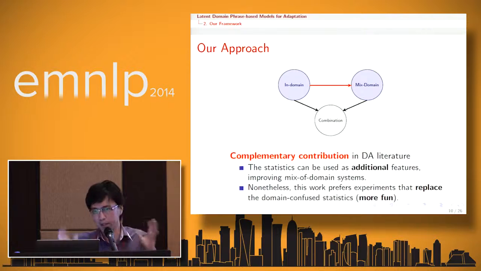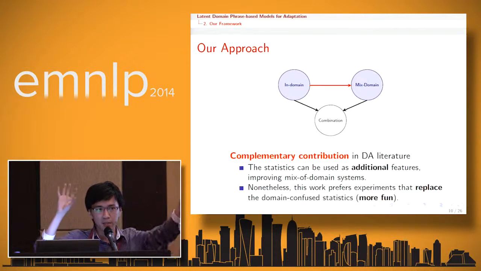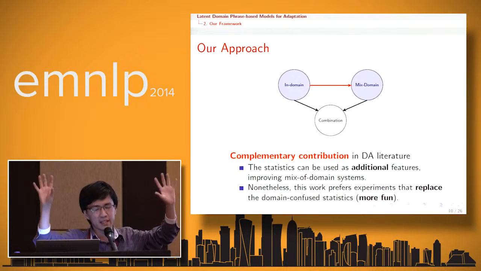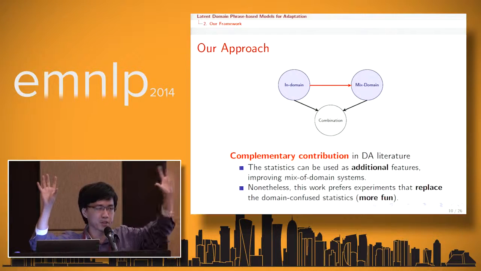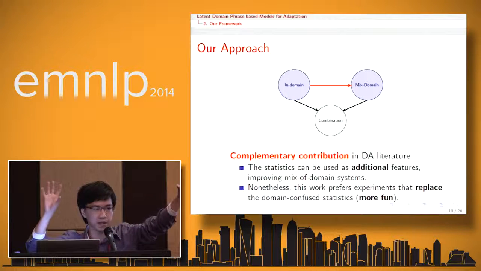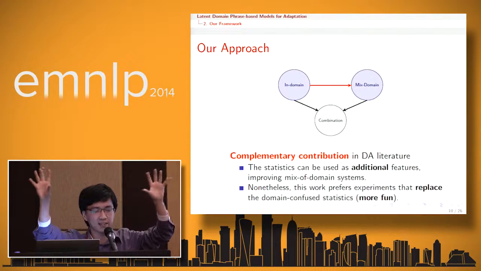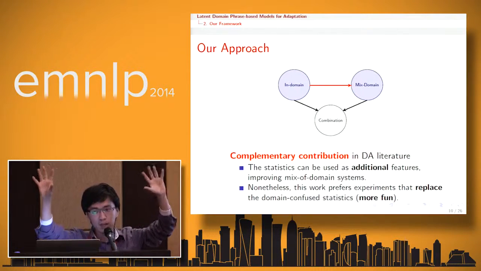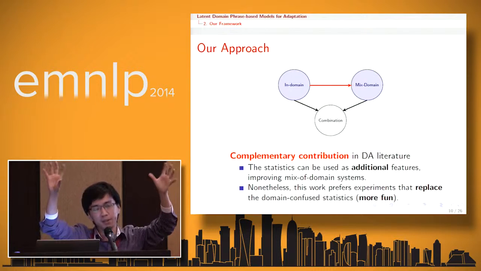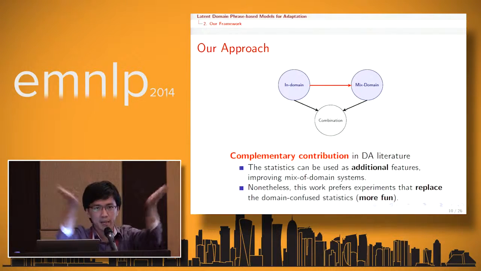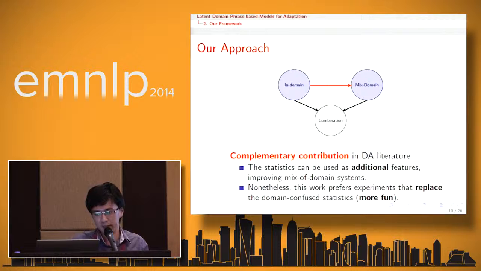So what is the contribution of the domain-focused statistics? Remember that in domain adaptation, we usually have the in-domain data and mixed domain data, and the normal approach is that we train two systems. The first system is on the in-domain data, and the second system is on the mixed domain data. But somehow they are disconnected from each other. In the literature, people just try to combine them together, like a combination system.